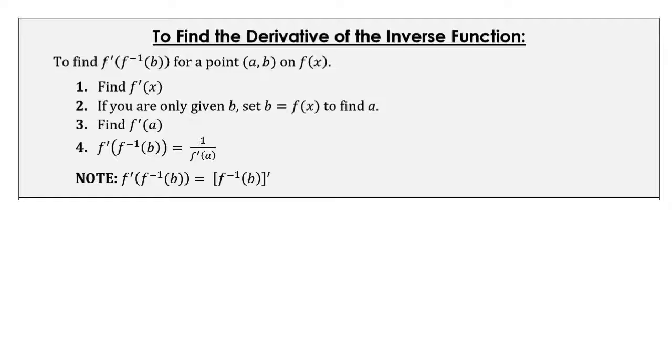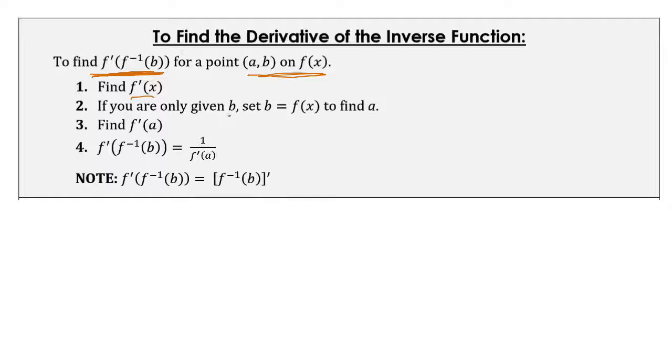This next slide gives you some step-by-steps that you can follow when finding the derivative of the inverse. Now notice their notation. We've been using f of x and g of x, but nothing says we have to. We can also use this notation they're given, and yes, you might see it written this way. It's for a point (a, b) on f of x. So notice your process here. To find the derivative of the inverse function, you first find the derivative of the actual function.